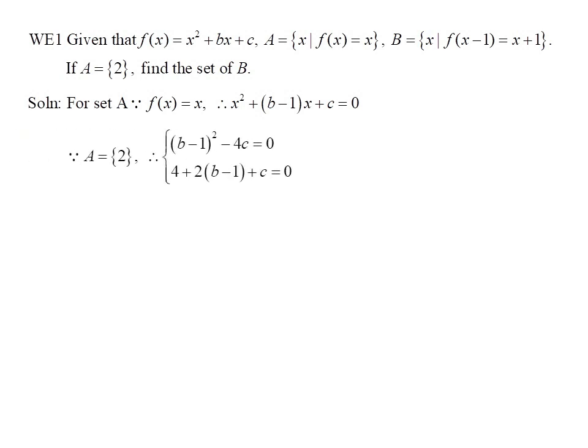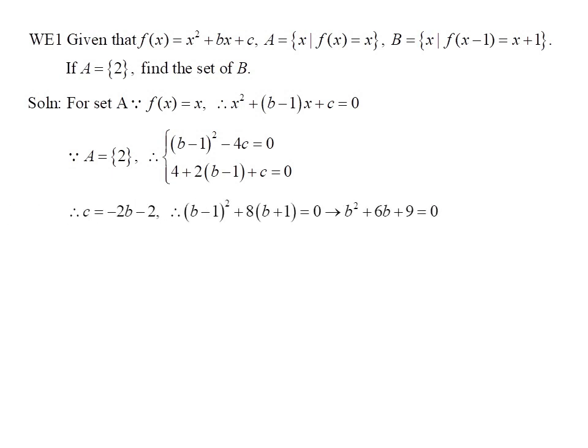Since there is only one element in set A, the quadratic equation in set A has repeated roots, so its discriminant must be equal to 0. Now we have (b minus 1) squared minus 4c equals 0. And because 2 is the repeated root, it can be substituted into the quadratic equation, and hence we have 4 plus 2 times (b minus 1) plus c equals 0.